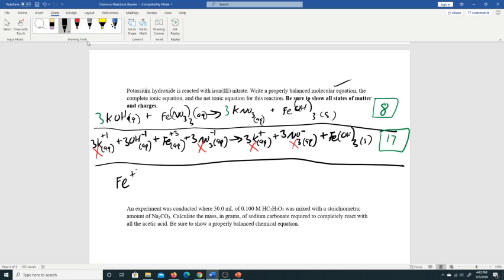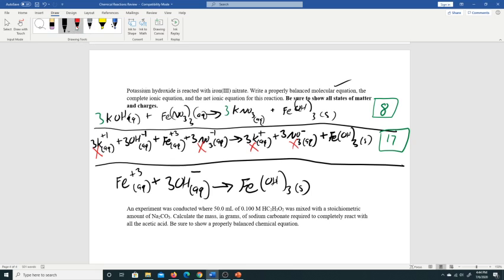Fe3+ (aq) plus 3OH- (aq), arrow, Fe(OH)3 (s).